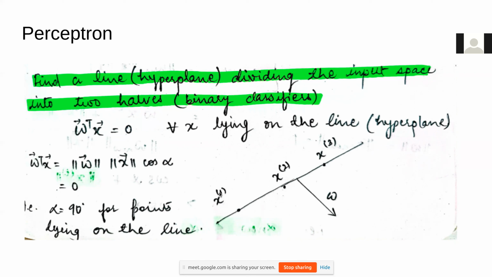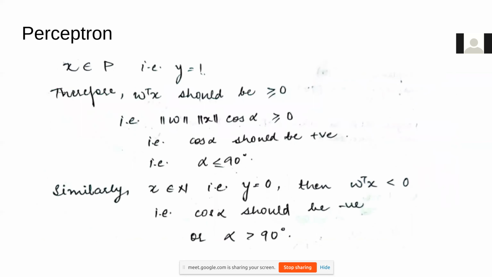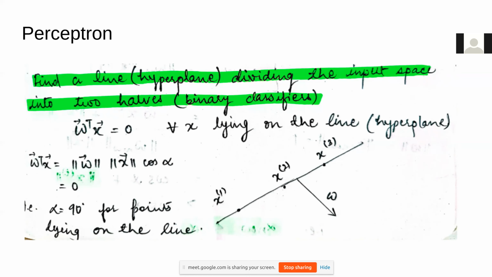Here, the numbers in the superscript represent the different data points, and the numbers in the subscript represent the different elements of the same vector X. So this is the idea of the perceptron: we have to learn a hyperplane that can separate these two classes, and W will be basically the vector perpendicular to the line separating these two classes.